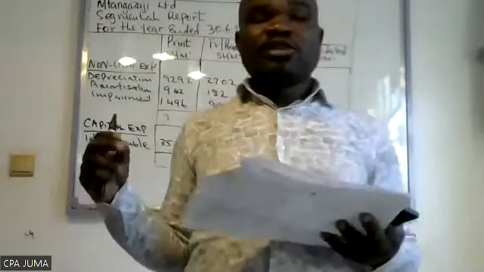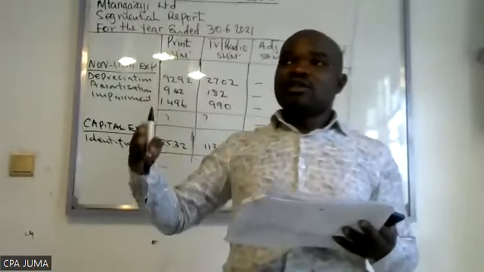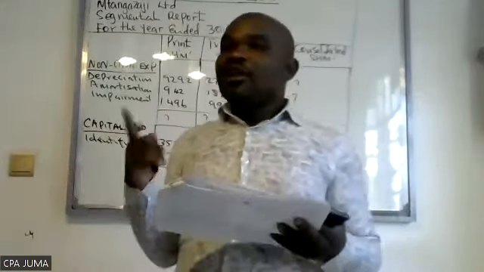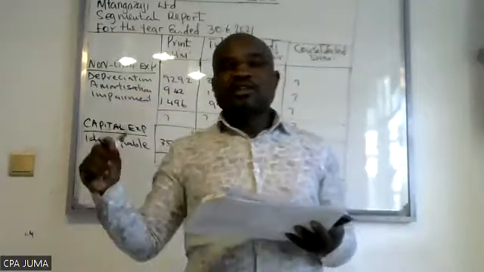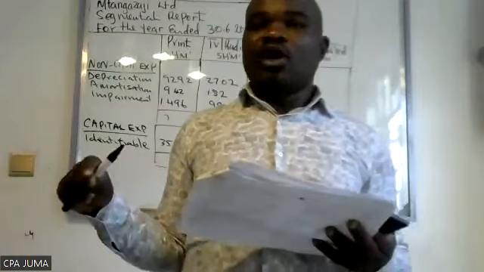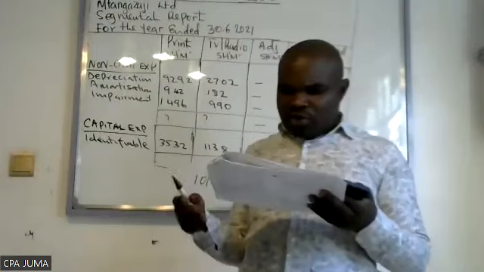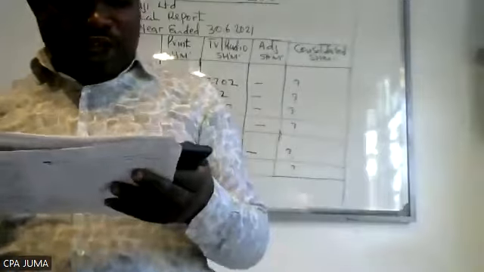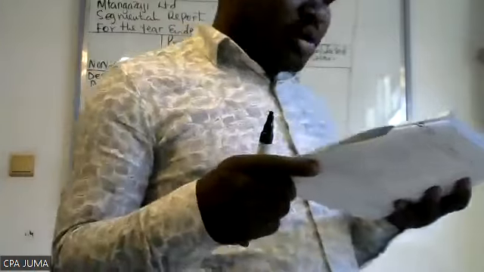Once you've given us a segmental report, you need to disclose that this segment and this segment, like TV and radio here, did not meet the 10% threshold and therefore were aggregated together. That is one of the things I've noted, which they have not brought in the picture.